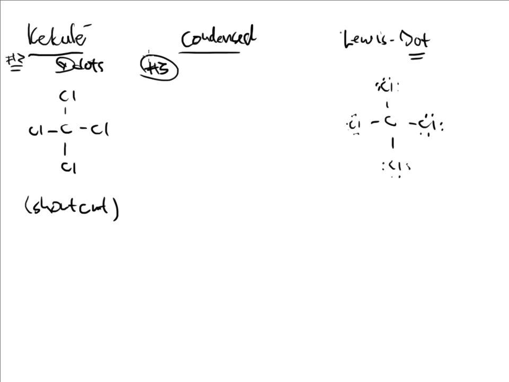I don't need to know that chlorine is attached to carbon in that way. So the condensed structure includes no dots, and for the most part no bonds.